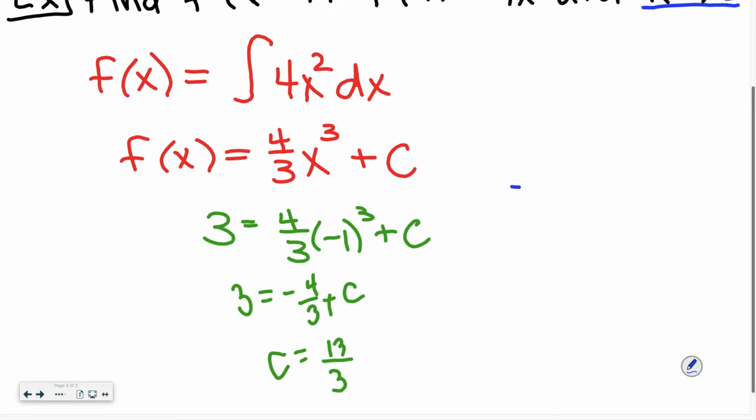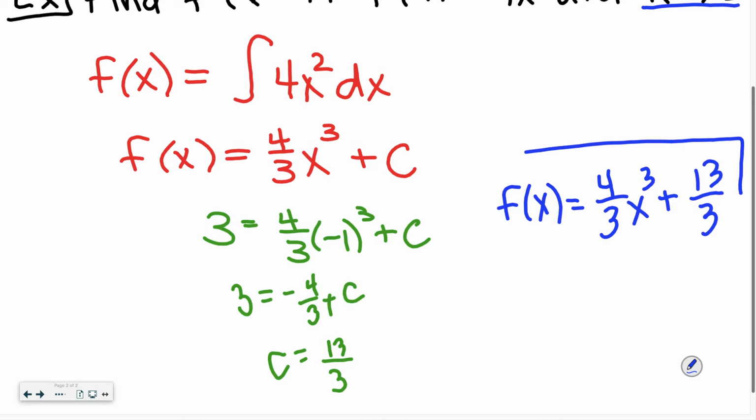So our function would be 4/3 x cubed plus 13/3, the particular C we found for the given coordinate.